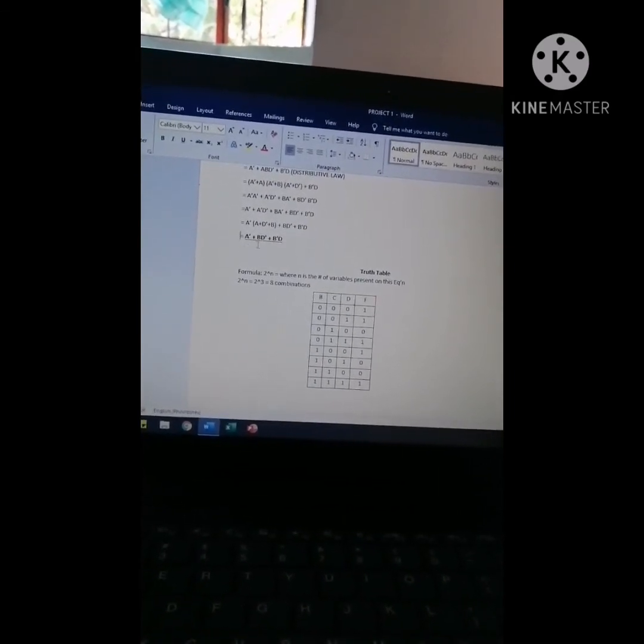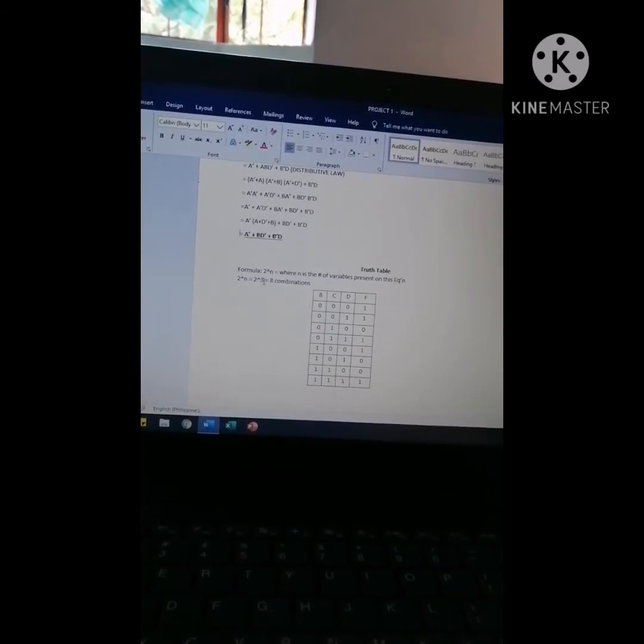Truth table. Again the formula is 2 to the power of n, where n is the number of variables present in this equation. The three variables are A, B and D, which is 2 to the power of 3, or 8 combinations.